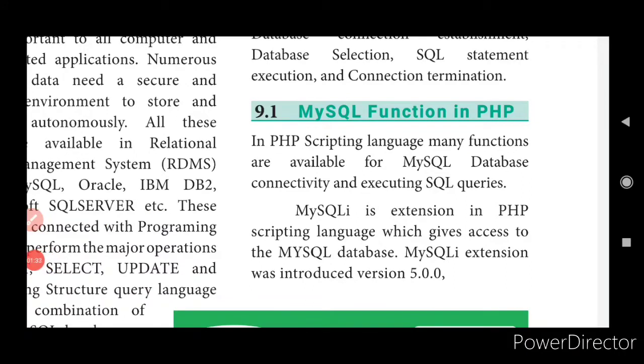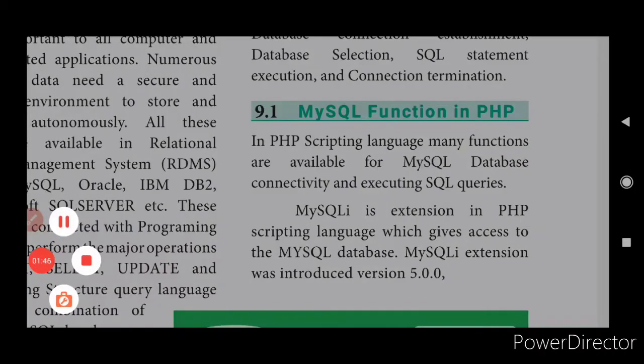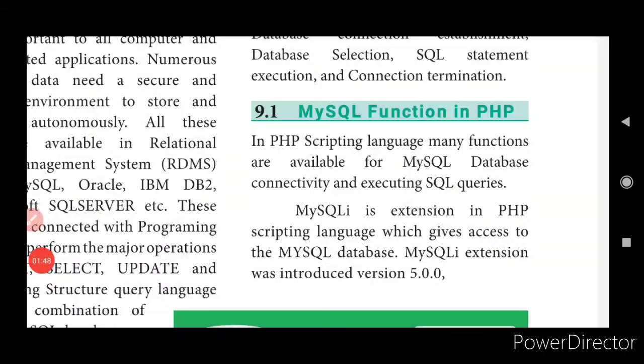Generally, in the PHP scripting language, many functions are available for MySQL database connectivity and for executing your SQL queries. For PHP, we use the MySQLi extension. Fine. This is used for your PHP scripting language.